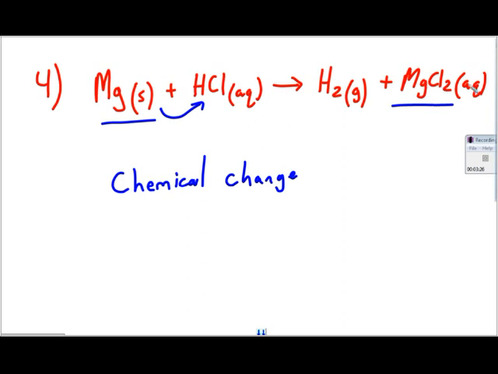This magnesium chloride will be dissolved in water. And then the hydrogen, which gets booted out, the hydrogen is now by itself, and it's going to form little bubbles of gas. So while this reaction is taking place, we'll see gas bubbles, we'll see some fizzing, and we're going to have a solid dissolving. The magnesium will be disappearing and it'll be dissolving into the solution, combining with the chlorine and dissolving in water.